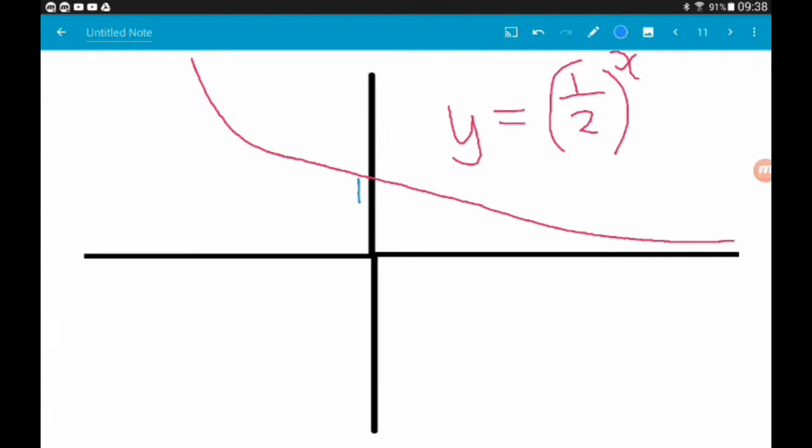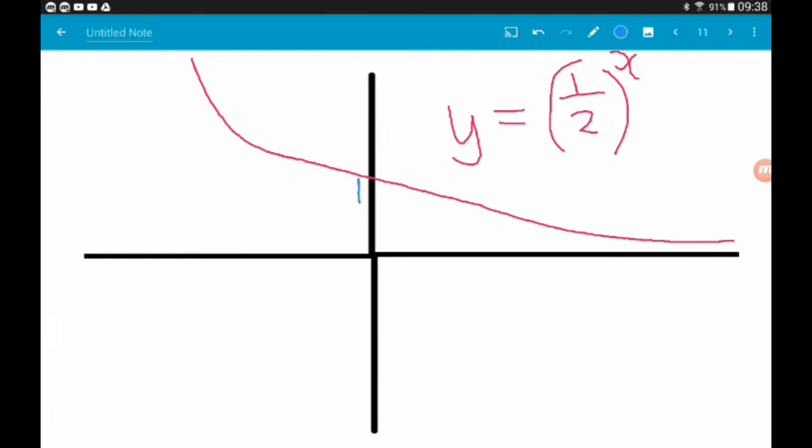So the values to the right are all fractional, and they're getting twice as small with every one value that we go to the right, whereas on the left, with every value that we go to the left, our function is getting bigger because we've got a fraction to a negative value, which turns the fraction into a whole number.